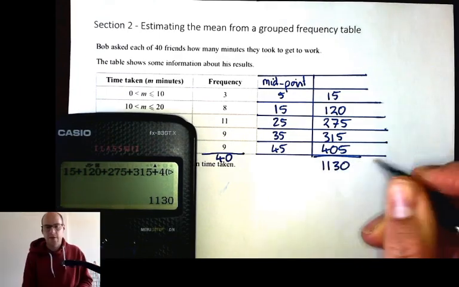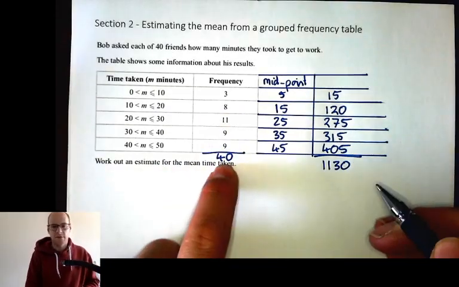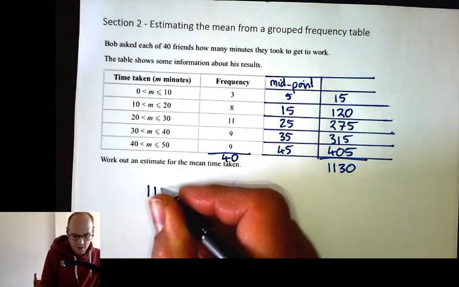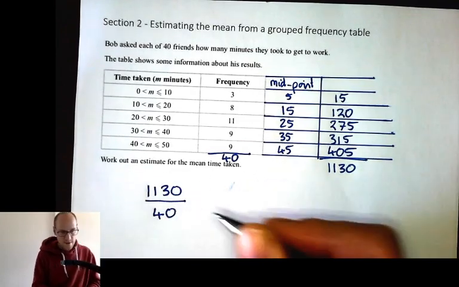Okay, so this is like me having added up all the data, and this is like how many bits of data I've got. So to do the mean, we're doing what we would always do, add up all the data and divide by how many bits of data there are.